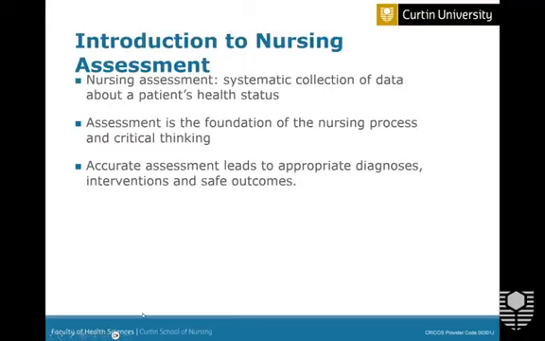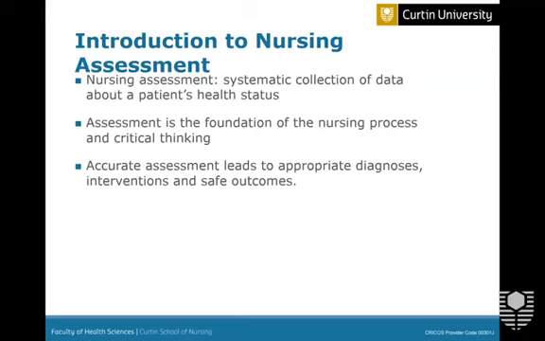So nursing assessment is actually really important. This is actually done when you first meet the patient and you start gathering that history from them, and sometimes it doesn't matter how small the data or how seemingly insignificant it might be. It is all very important that it's actually collected in a systematic way and documented in a systematic way.